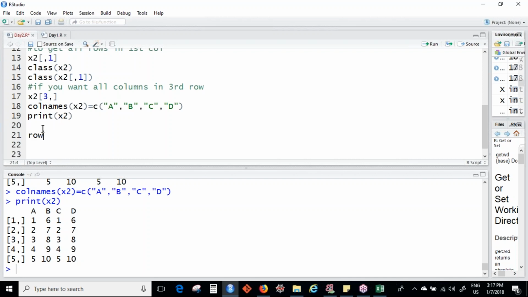Similarly, you can give row names also. So rownames of x2, you can give some names. Single bracket or double bracket doesn't matter. What should I write?